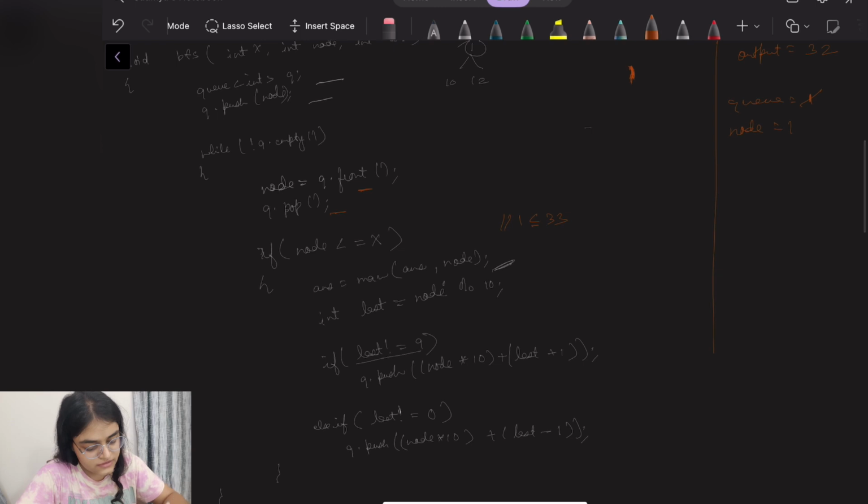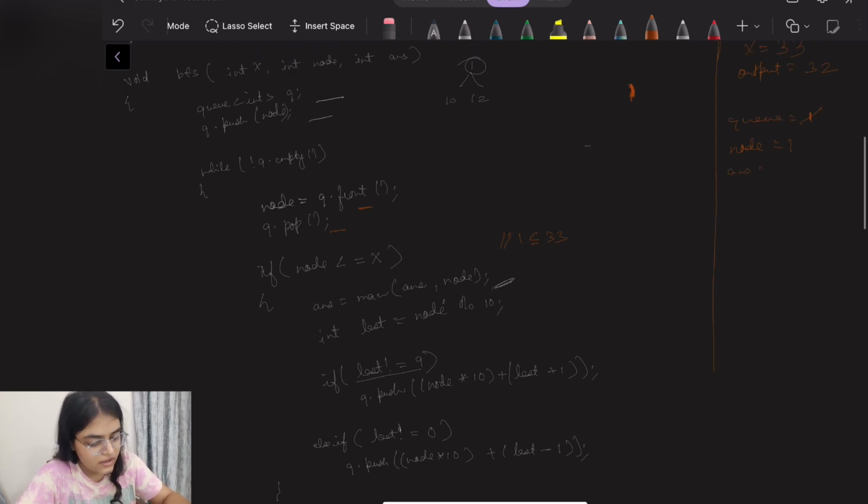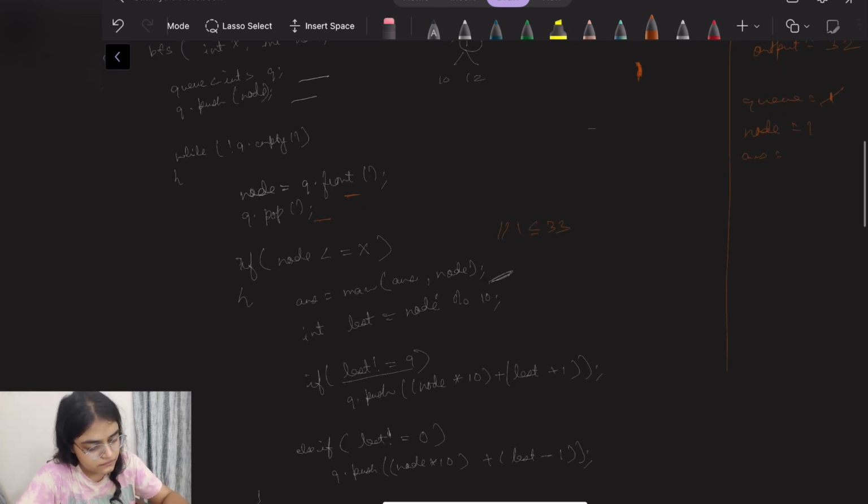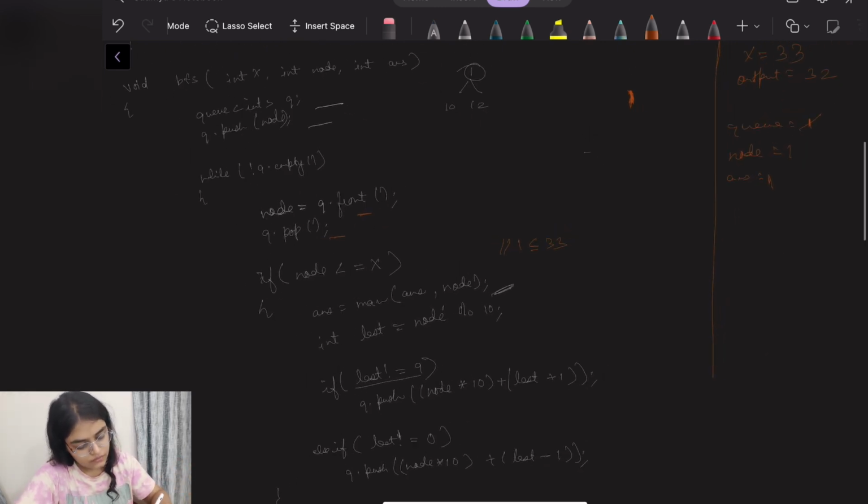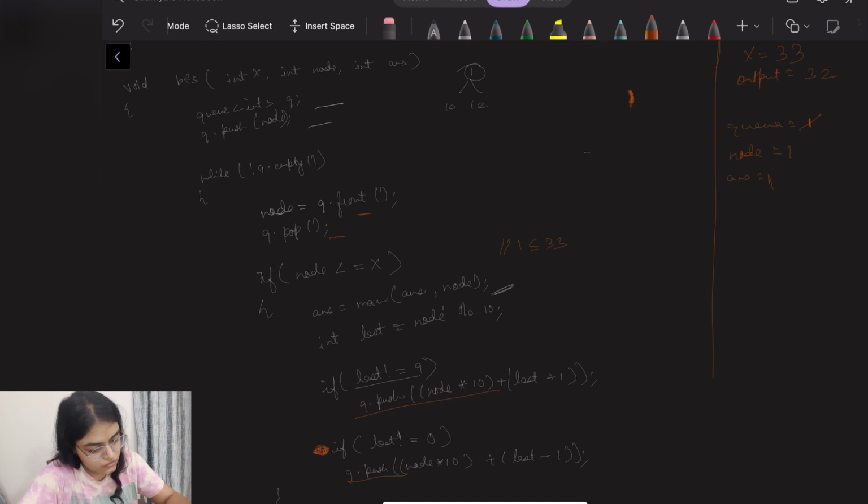Then answer is equal to max of answer and node. The answer was 0, then max of 0 comma 1 is 1. Now, is the last digit 9 or 0? No. Then both if cases will be running. Sorry, so here it will not be else. Both if cases should run. Then in the queue we will have 10 and 12.